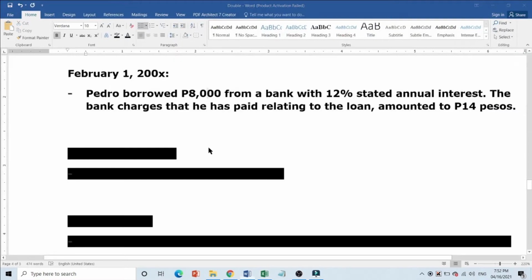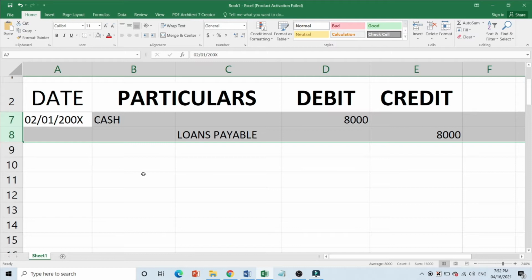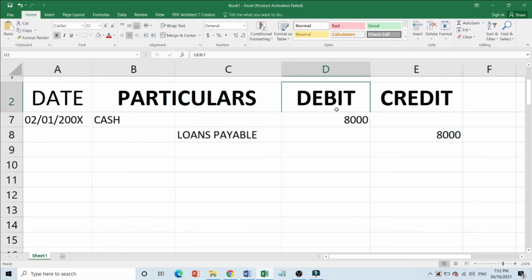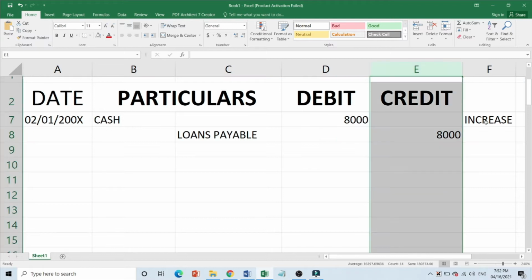After that, let's analyze if balance pa rin po ang ating accounting equation. Cash. Normal balance is debit. Nag-debit tayo ng cash amounting to 8,000. Nag-increase siya. Loans payable. Liability. Normal balance ng liability is credit. Nag-credit tayo ng 8,000.